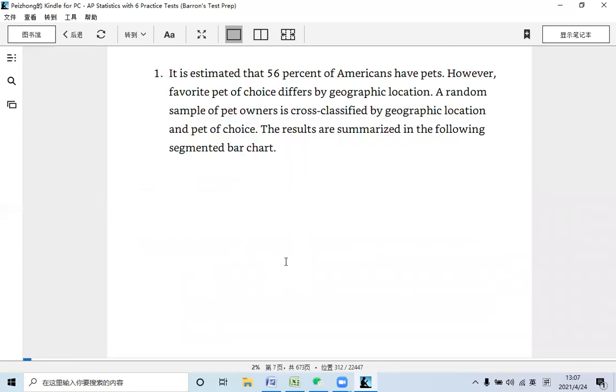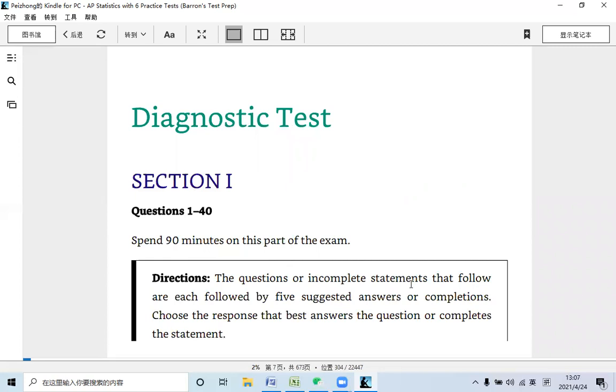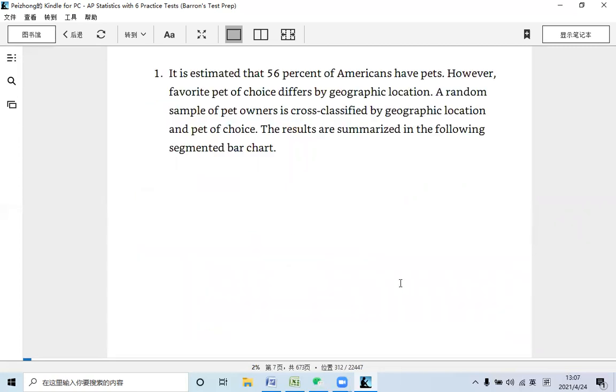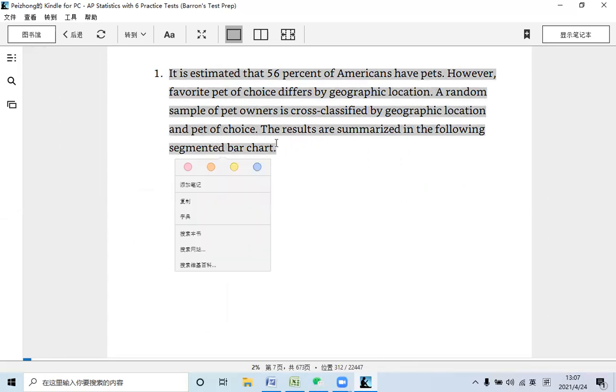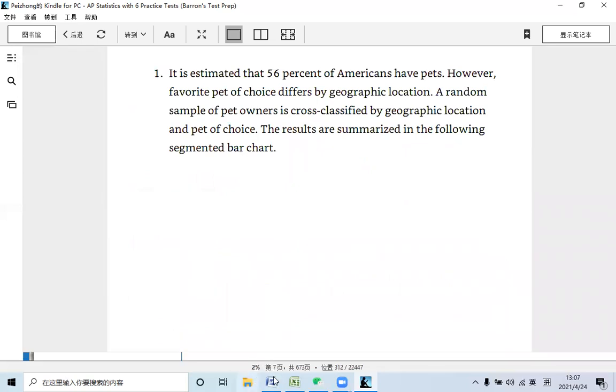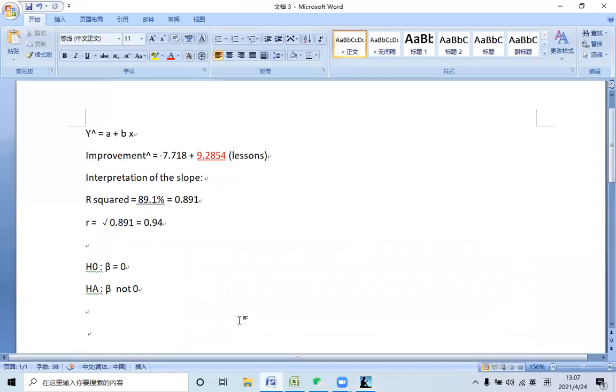Let's look at this one. Let me copy this one. Diagnostic one.